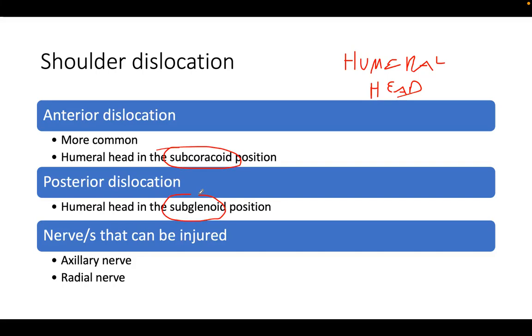Now, I'm going to jump to the lower extremities. How would you differentiate a posterior versus an anterior hip dislocation? What important ligament is the landmark? This time, it's going to be the femoral head. What is the position of the femoral head as it is oriented to this important ligament? In fact, this is the strongest ligament of the body.